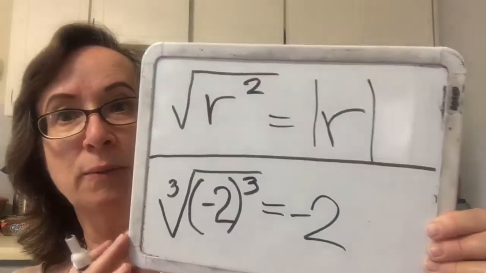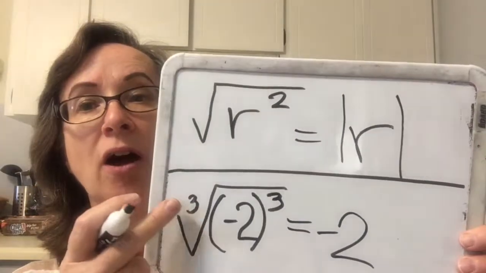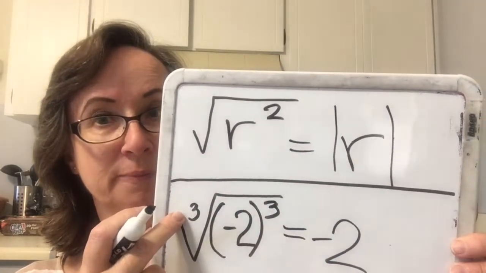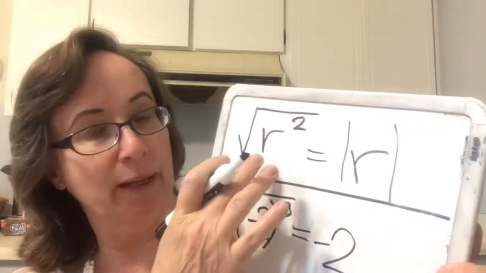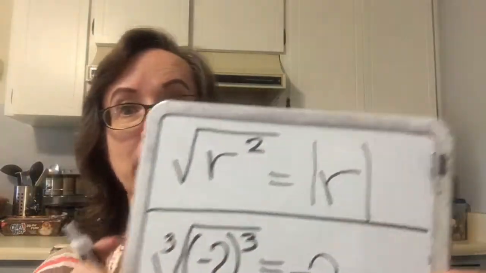So the rule is we do not change the sign of the number when we have an odd root and power. We leave the sign alone. But when we have an even root or power, we put the absolute value sign on it if it's a variable. If it's not a variable, we just make it positive.